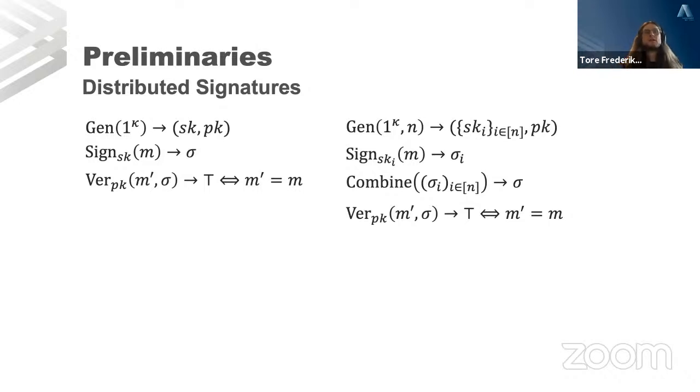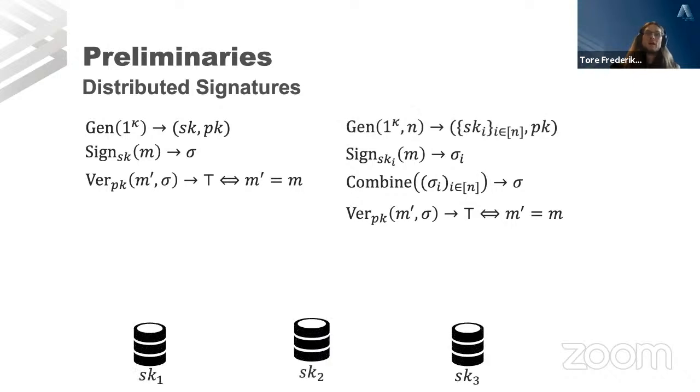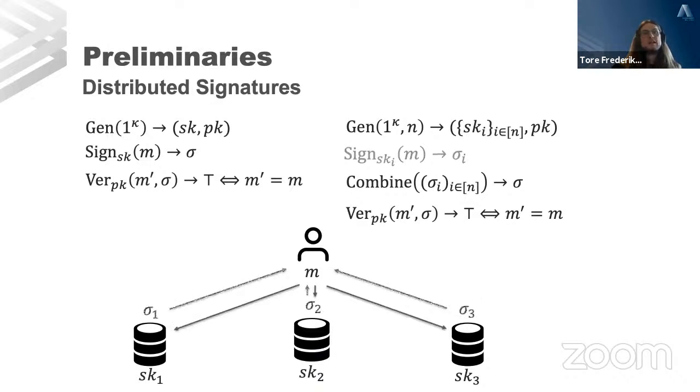It's the same as regular digital signatures, except that the signing key is now shared between multiple parties, each of which constructs a partial signature, which can then be combined into the actual signature. So if you consider the setting where there's a user with a message, the user shares this with a bunch of servers that each have a share of the key. They send back a partial signature, which the user can then combine and pass on to whomever needs to verify this.